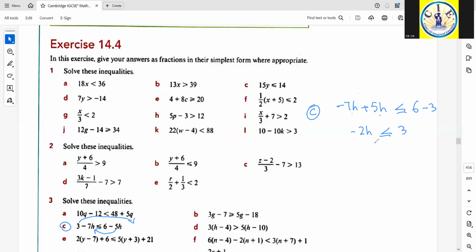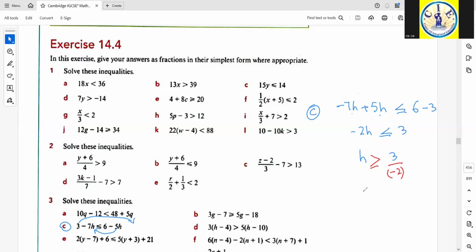Now you need to see, to find the value of h, I need to shift this negative 2 to the other side. It will get divided. When I have shifted this negative 2 to the other side of the inequality, now the direction of the inequality would change. Previously, it was lesser than or equal to, and now it has been changed to greater than or equal to.